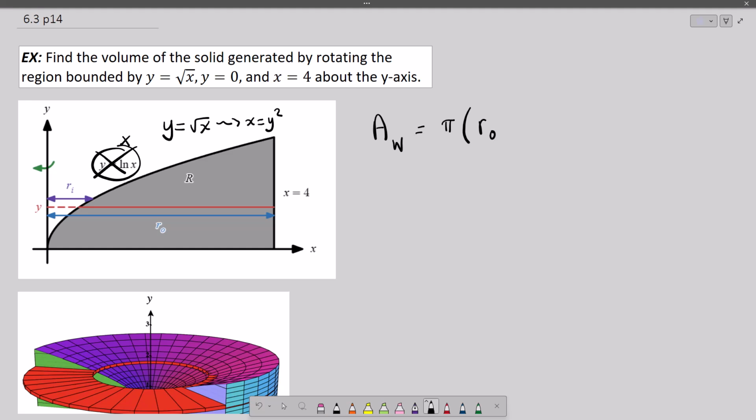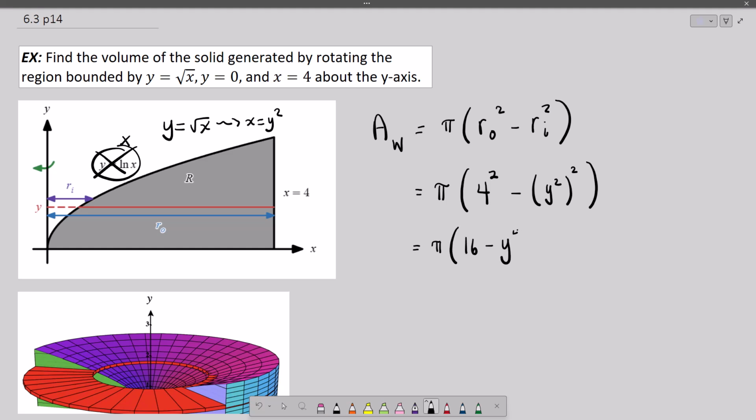It's just that our inner function is going to be a little different. The outer function is 4, a constant all the way through, so we square that to get 4 squared, or 16. Then our inner is y squared, which will have to be squared, which will give us pi multiplied by 16 minus y to the 4th.